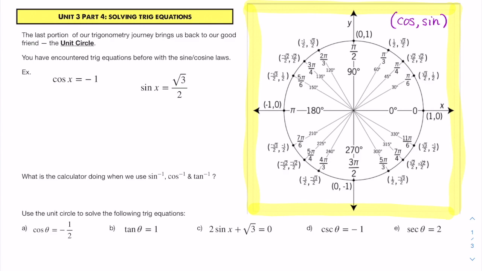So let's say I asked you, what is cosine of x equals -1. So notice that before this, you would tell me this value on the right-hand side, but now I'm asking you to tell me this value after the sine or cosine, right? So this would be cosine of something equals -1.